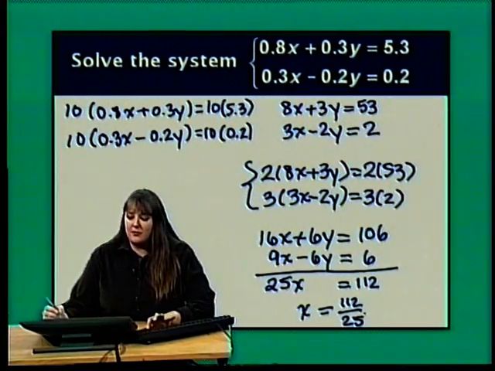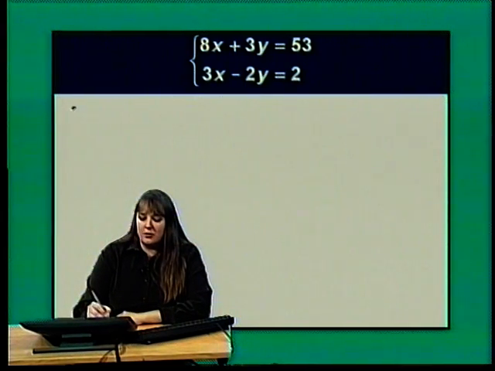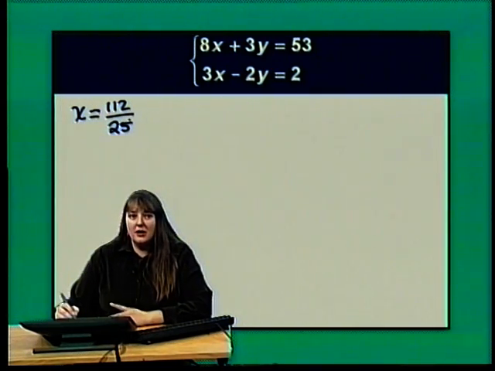I still need to solve for y. So working with x equals 112 over 25, generally we would tell you to leave your answers as fractions. Most math teachers like to see fractions for answers. But remember, our original system of equations had decimals. What I'm going to do is pull out a calculator and see if 112 divided by 25 is a terminating decimal.